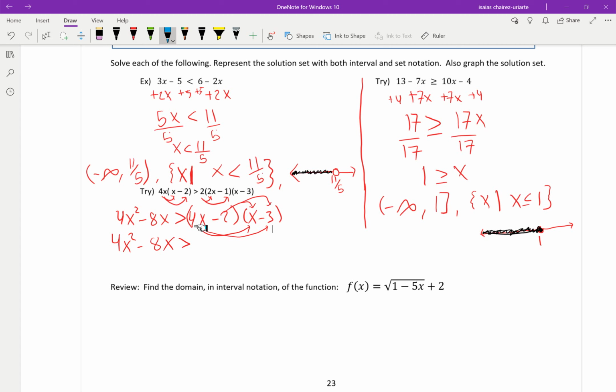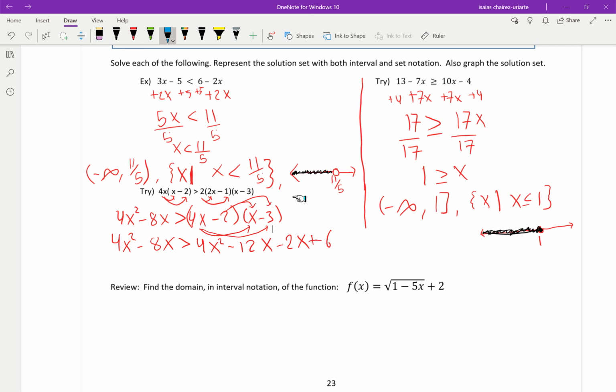So that's going to become 4x squared. Why? Because 4x times x is 4x squared, and then 4x times negative 3, that's going to become minus 12x, and then negative 2 times x, that's minus 2x, and the negative 2 times negative 3, that's plus 6.